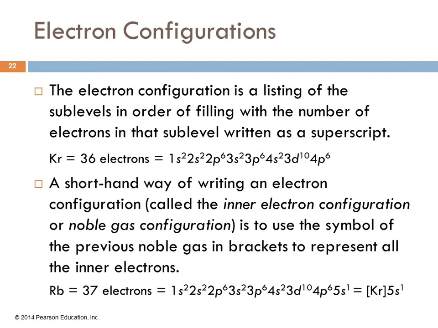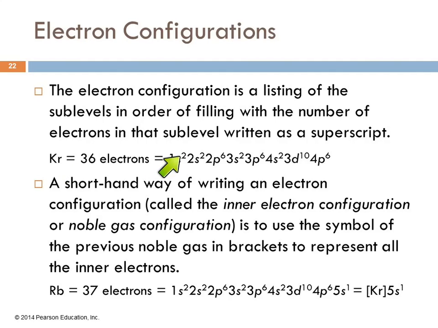So the electron configuration is just a listing of sublevels in the order of filling, and then we list the number of electrons in that level as a superscript. So for krypton, krypton has 36 electrons.